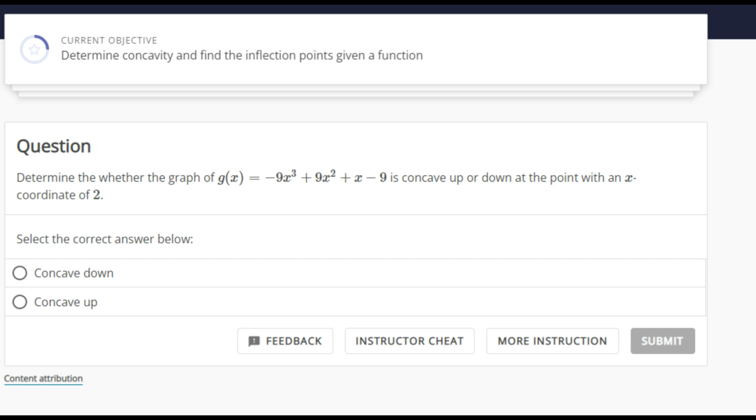All right. We have a function g of x. They want to know if at this x coordinate of 2, is it concave up or concave down?